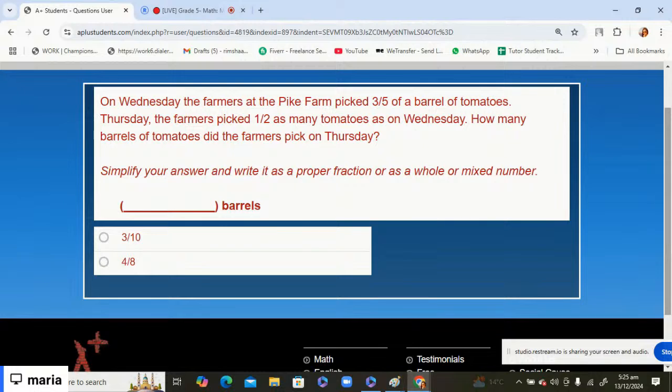Everyone solve it. Tell me the answer in the chat. So, it's 3/10.